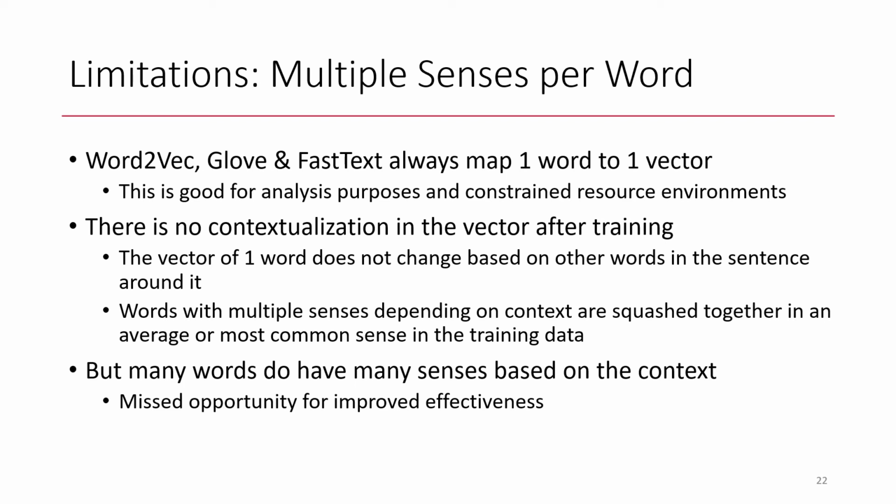So if you have a word with multiple senses and you squash those senses together, you either create an average over all senses, or if they are very imbalanced, the most common sense that occurs in the training data will win and dominate the others. And this is especially visible in domain-specific data versus general English text data.